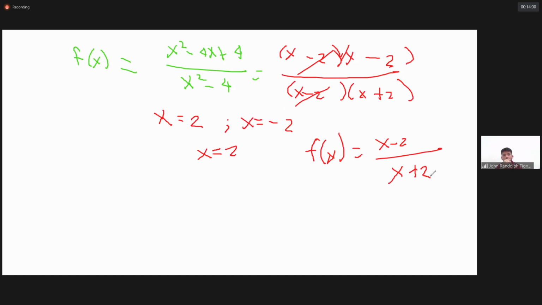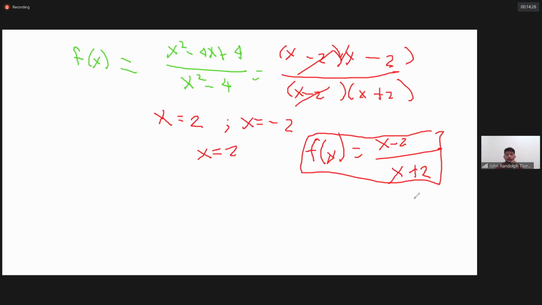Okay? So, from this example, we cancel out common factors. Then, by the way, guys, before we cancel out common factors, we must identify first the, what do you call this one? The zeros. Now, kanina, since wala tayong ma-identify doon na zero sa original function natin, saka na tayo magka-cancel out. Now, since na-cancel out na natin yung factors natin, we can now identify from this canceled out or new equation natin, we can now identify the zeros here.